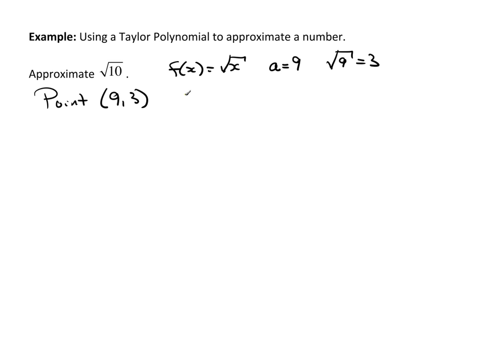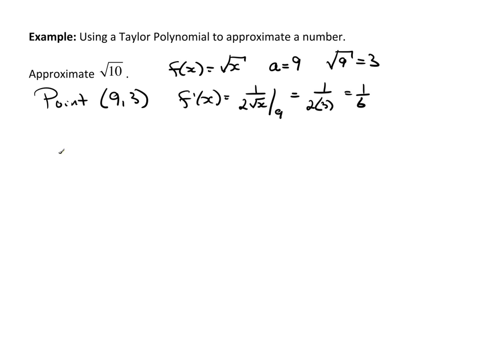So I want to take a look at the first derivative. f prime of x equals 1 over 2 root x. I want to evaluate this at my known point 9. So this is going to be 1 over 2 times the square root of 9, which is 3. This is 1/6.